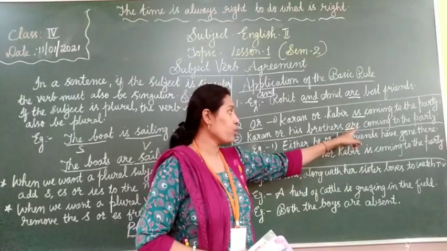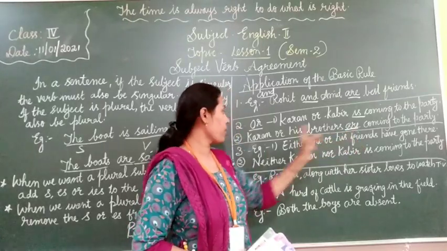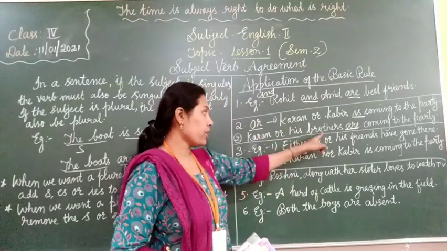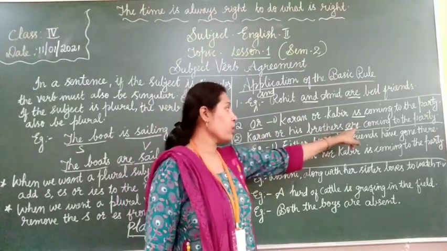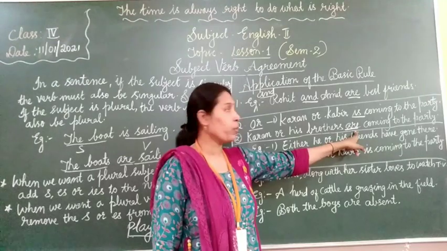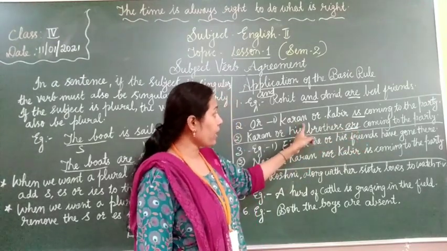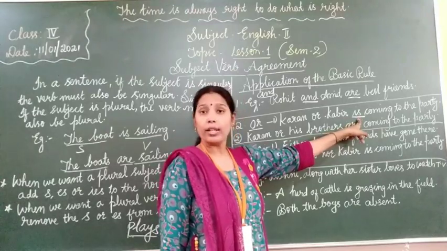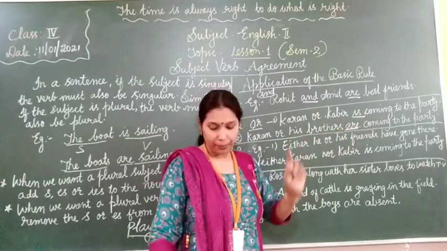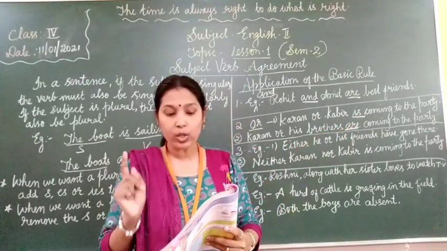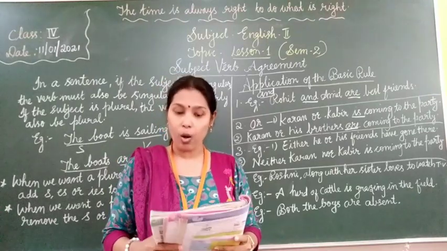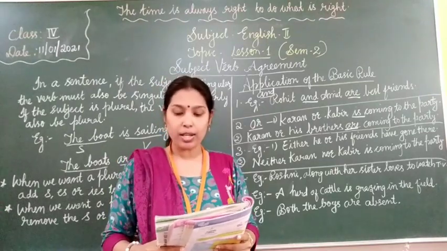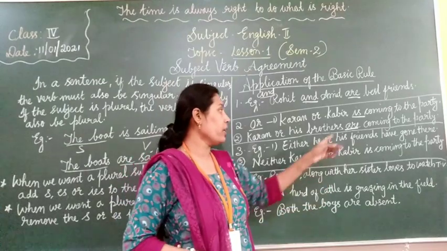So we have to use the plural form of the verb. First one, Karan or Kabir. Here singular only. So that is why the verb is in singular. So when two subjects are joined by or, the verb agrees with the subject that is placed near the verb.